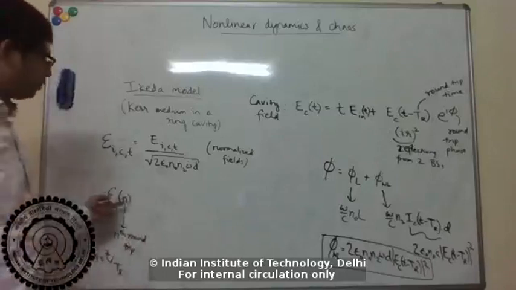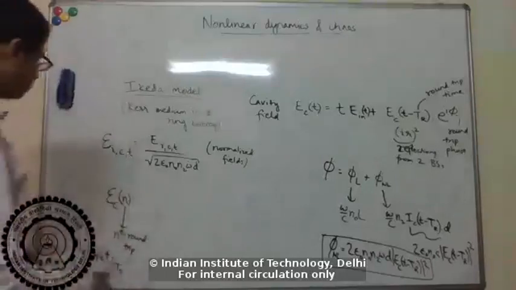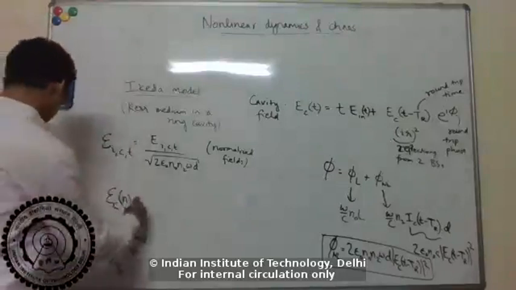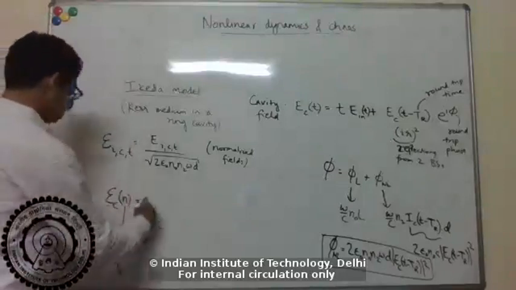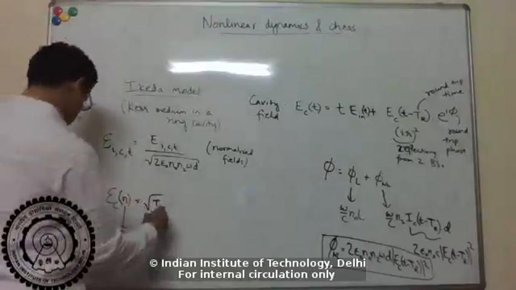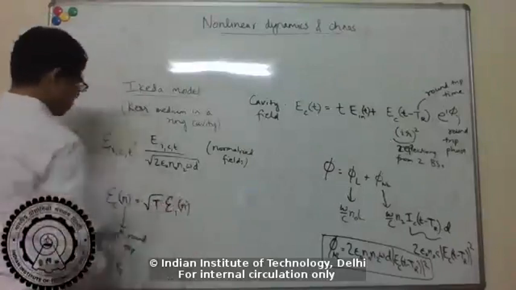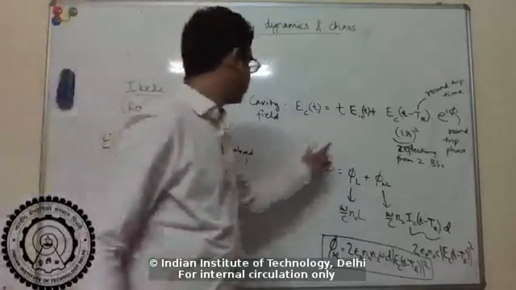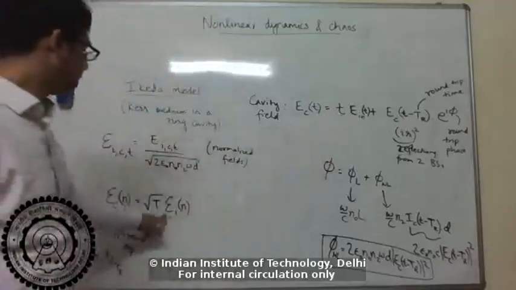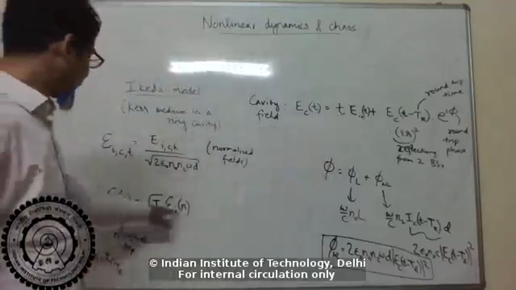Okay, so I'm looking at the field after every round trip. So after the nth round trip, the first part is again just the transmission through the beam splitter of the input field at the same time.